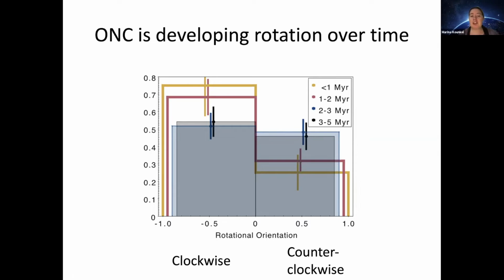But once you get to the younger ages, younger than 2 million years, you definitely have a preferred direction of motion: most stars are moving clockwise, and there are relatively few that are moving counterclockwise. So as the cluster is aging and actually starting to grow massive enough to develop a cluster, you are probably developing sufficient angular momentum to sustain organized rotation.